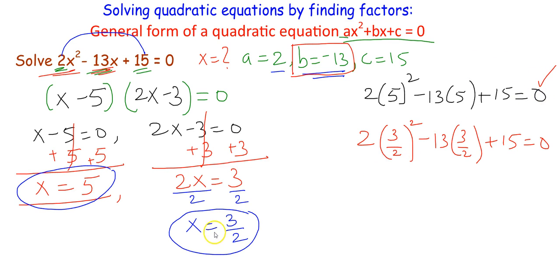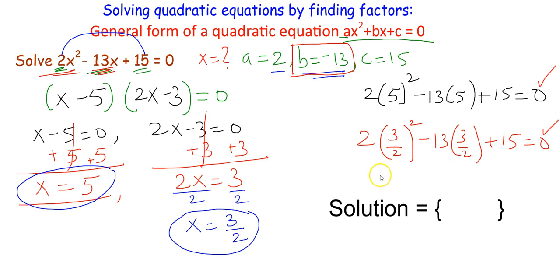And in the same way, substituting the next value for x, which is 3 over 2, you got 2 times 3 divided by 2 whole square minus 13 times 3 over 2 plus 15, which is also equal to 0.